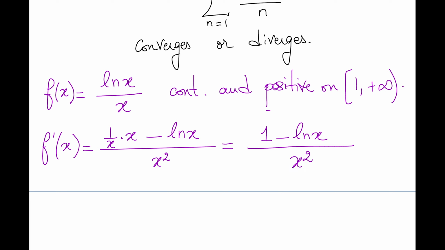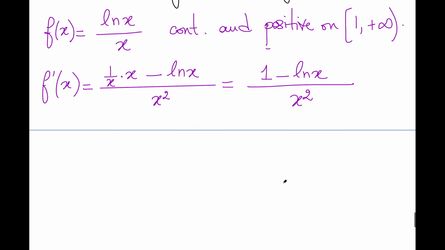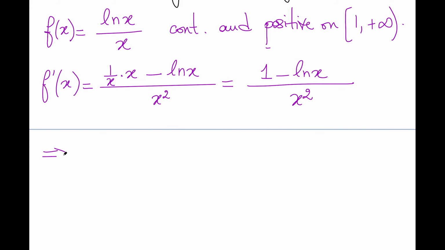Correct? Okay, so remember, for the integral test, I need f to be decreasing, so I need f prime to be negative. So f is decreasing if and only if, I mean, the denominator is positive as long as x is bigger than 0.